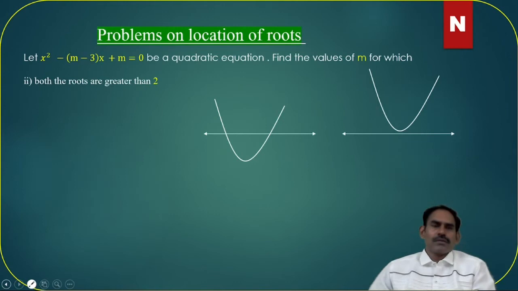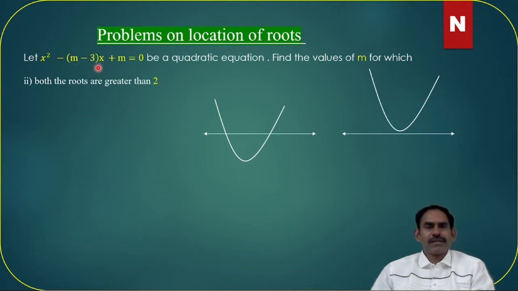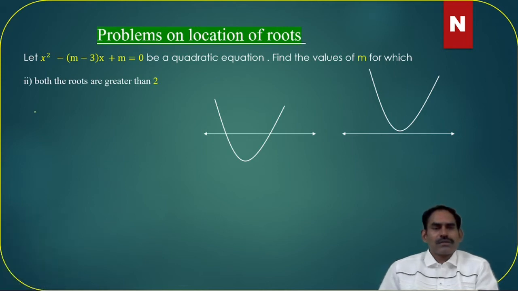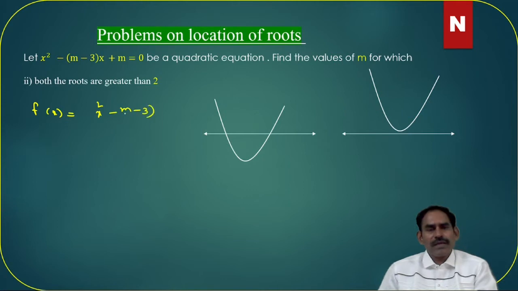The next question is: x square minus (m minus 3) into x plus m equals 0 is a quadratic equation. Find the values of m for which both the roots are greater than 2. See, f of x equals x square minus (m minus 3) into x plus m.